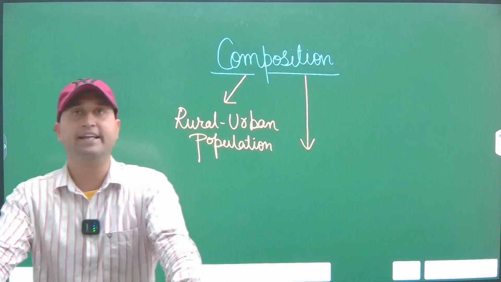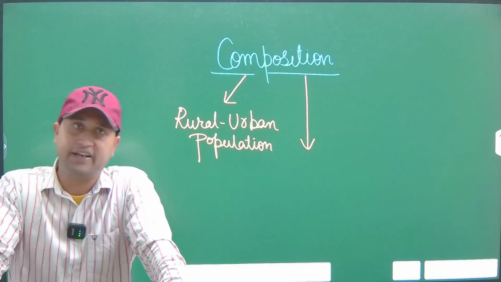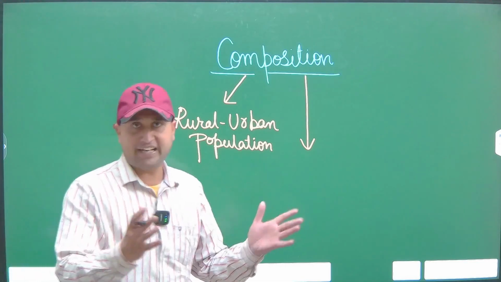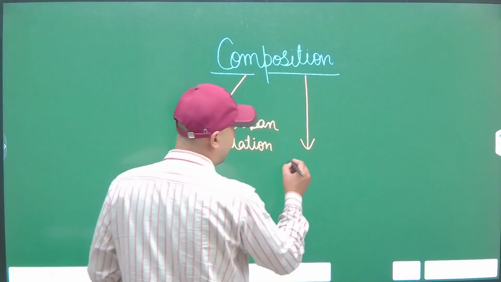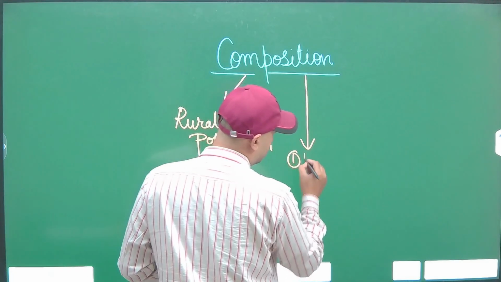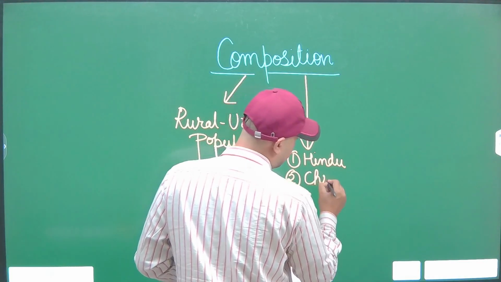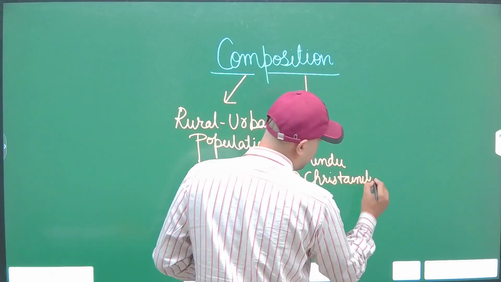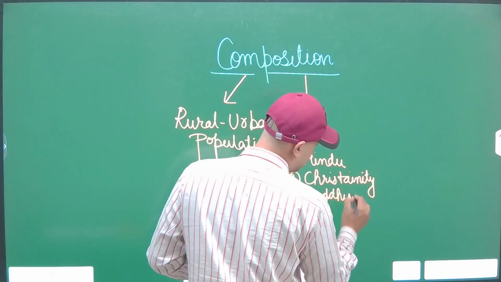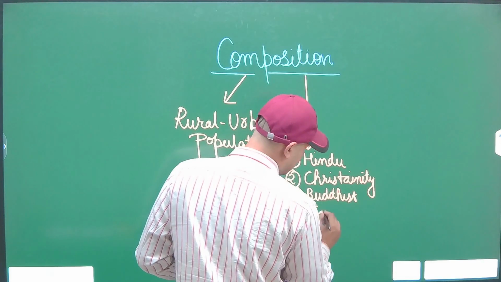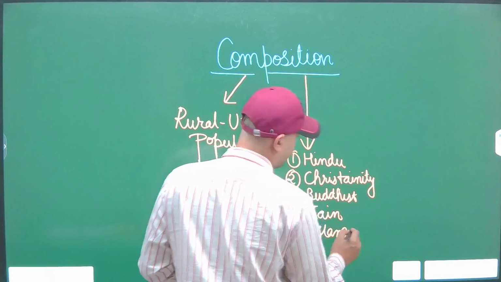For example, in the context of India, the whole population could be classified on the basis of religion: people belonging to Hindu religion, Christianity, Buddhism, Jainism, and Islam.